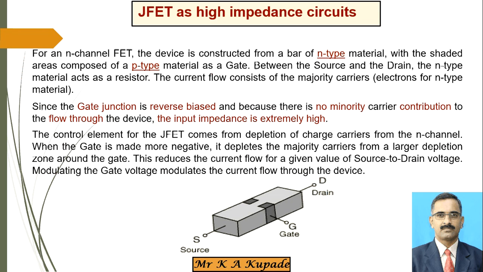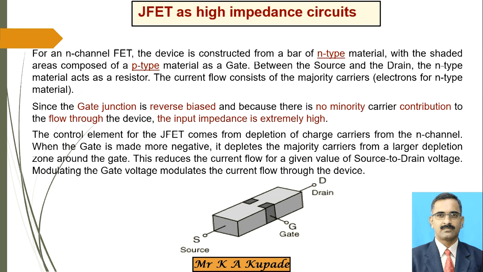Due to this reverse bias condition and no minority carrier conduction, this particular FET has extremely high input impedance. Now the control element of this particular JFET comes from the depletion region, which is controlling the charge carriers from that N channel. Now here, as usual, the operation we have to consider.